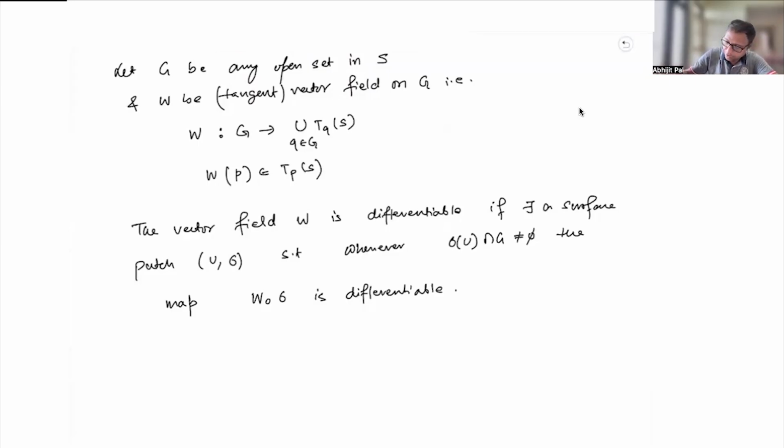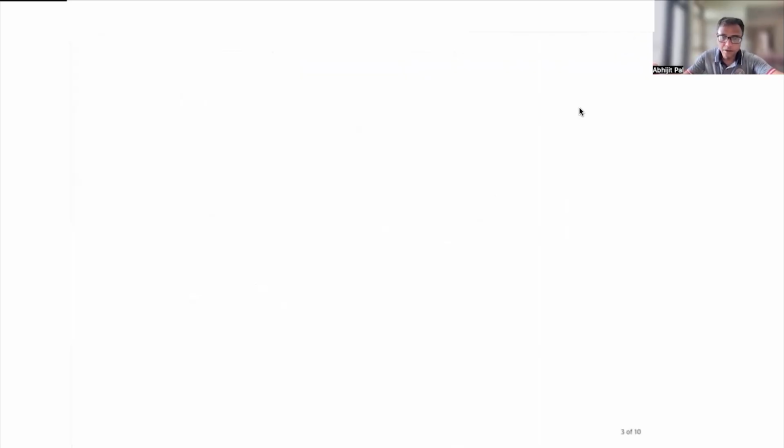All right. So now, next we will define the covariant derivative of a vector field. Okay. So, definition.